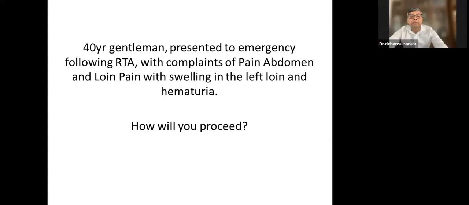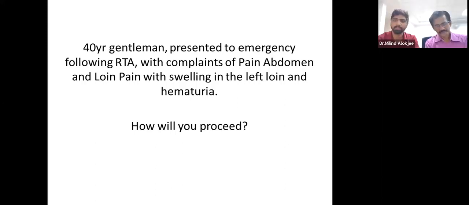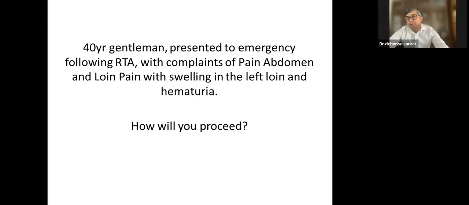Yes, that is a very good thing, that whenever you advise any CT scan in a patient with suspected renal injury, you have to have a delayed film, otherwise the investigation is incomplete. Because by doing a USG, you know the patient has a renal injury, but you need to know what is the type of injury, what is the grade of injury, particularly whether this has a significant extravasation. To know that extravasation, a delayed film is a must.